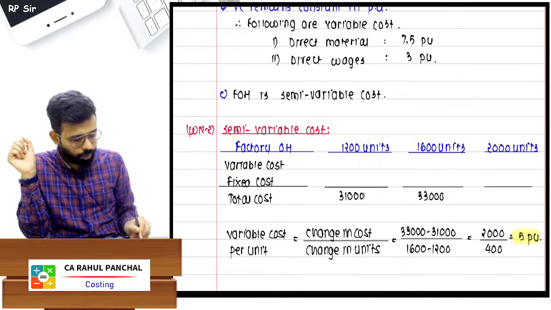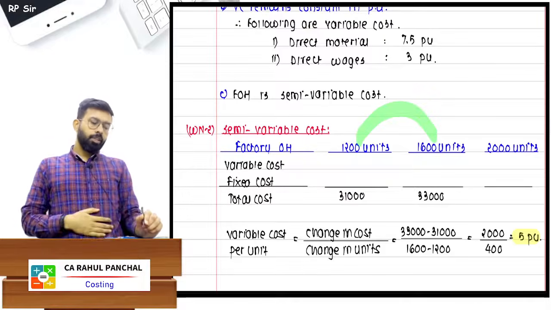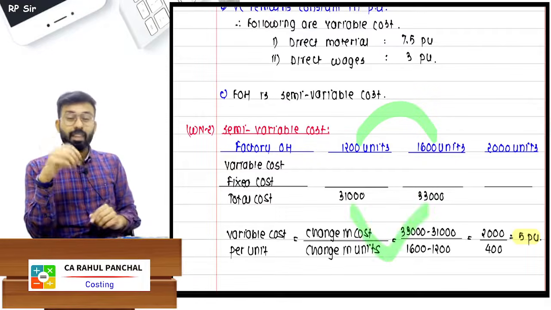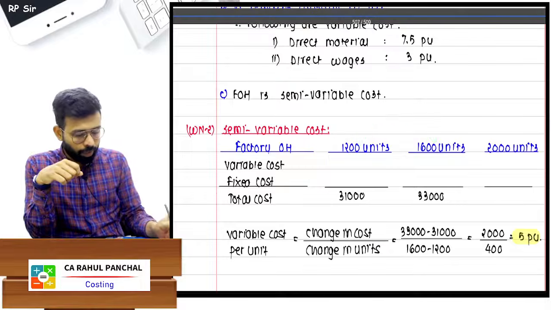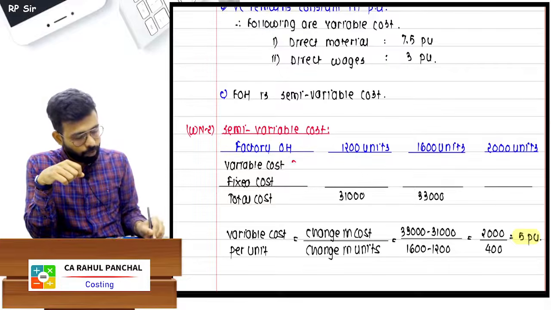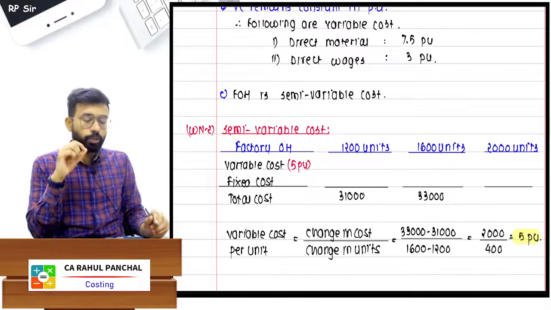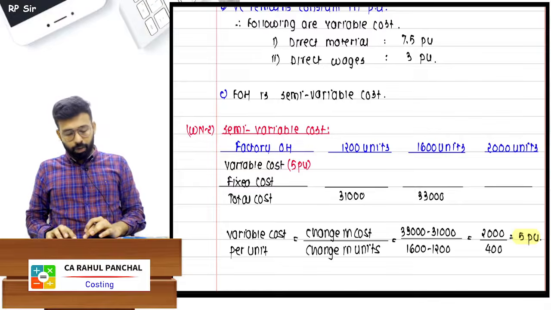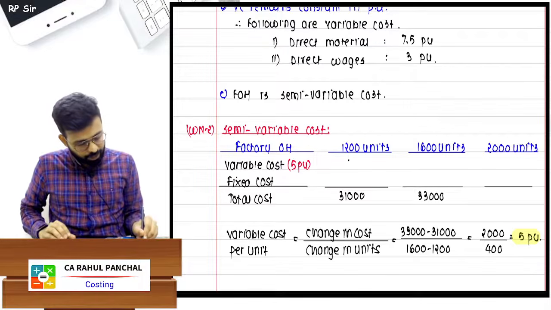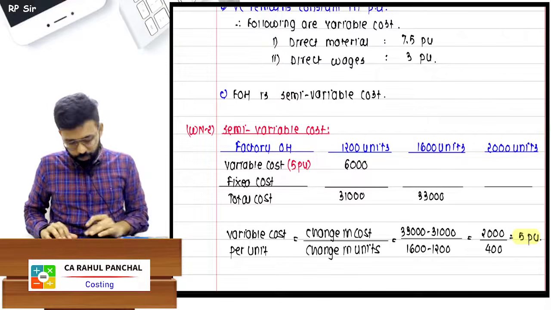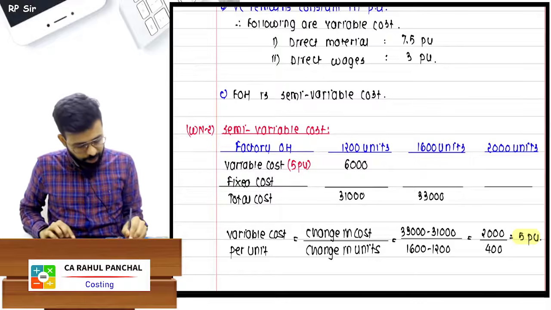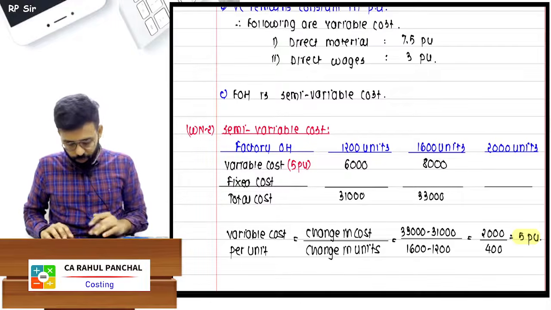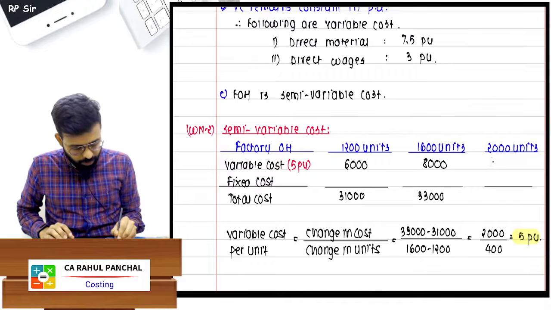When there was an increase in units by 400, your cost increased by 2000. So for every unit you incur 5 rupees. You can write it here, 5 rupees per unit. If you produce 1200, it will be 1200 into 5, 6000. Then 5 into 1600, 8000. Then 5 into 2000, that becomes 10,000.